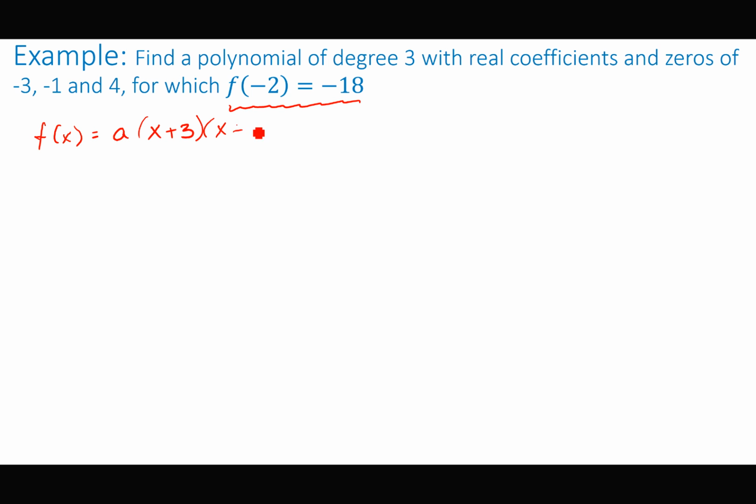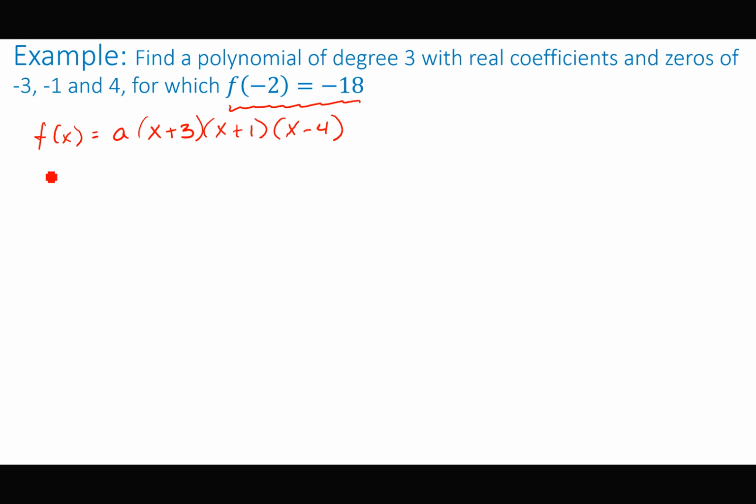And then I'll have x plus 1. And then I'll have x minus 4. So again, if they tell me the zeros, and I'm creating a polynomial, I'm essentially writing it in factored form, and then I'm going to multiply through to get it from factored form into standard form.